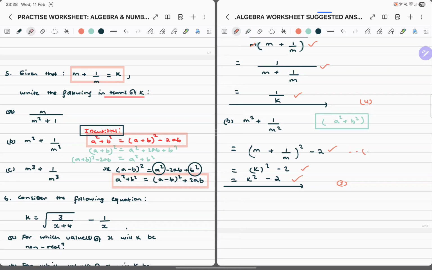Here, if you just didn't know, this is an identity. We used our identity, which says this is going to be a plus b all squared minus 2ab.